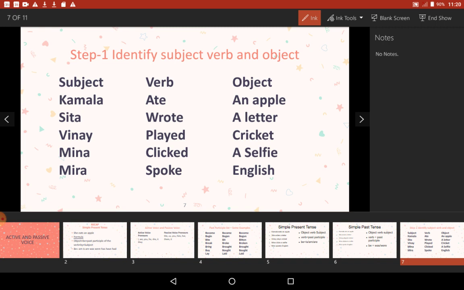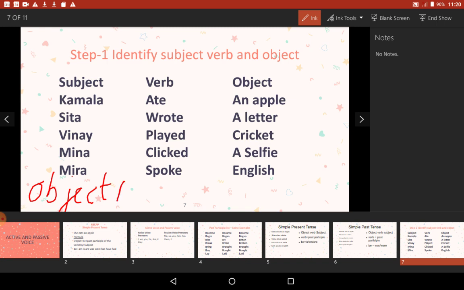In the simple present tense, we follow exactly the same method. What do we do first? We write object, isn't it? I am talking about the method of changing simple present tense to its passive voice.